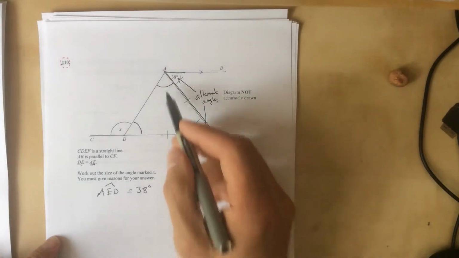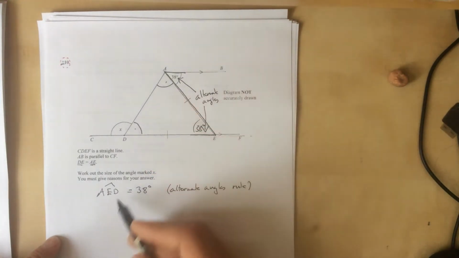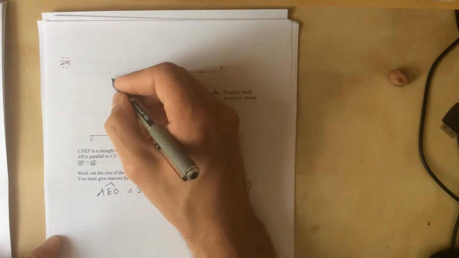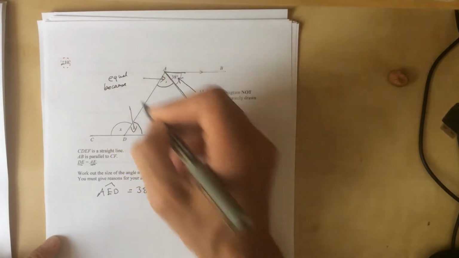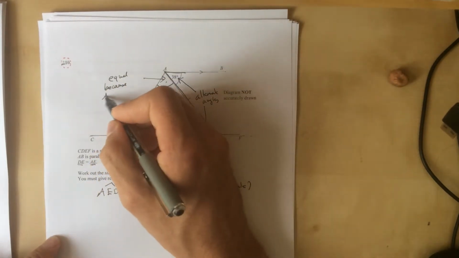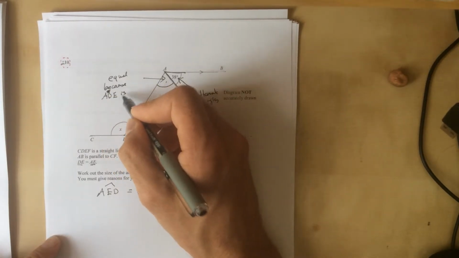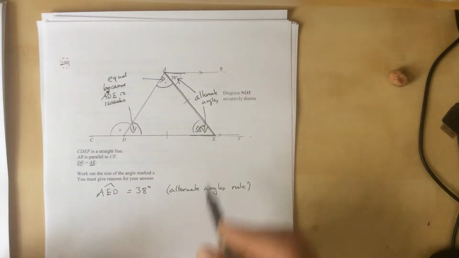Now if that's 38 degrees and these two are the same, then this angle, these two are equal because ADE is an isosceles triangle.